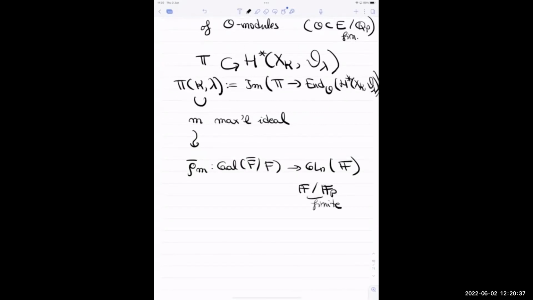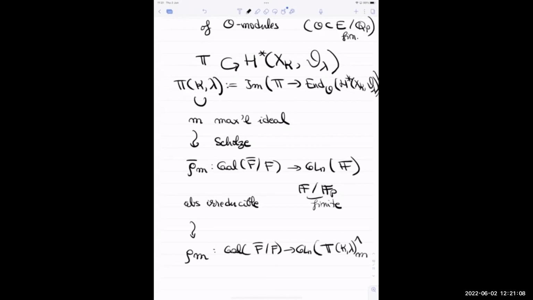Right, there is a Galois representation that is associated to this system of Hecke eigenvalues by work of Scholze. And if you assume that this is absolutely irreducible, then there is also a lift of this to characteristic 0. So this is going to be valued in the completion of our faithful quotient of the Hecke algebra at the maximal ideal m.